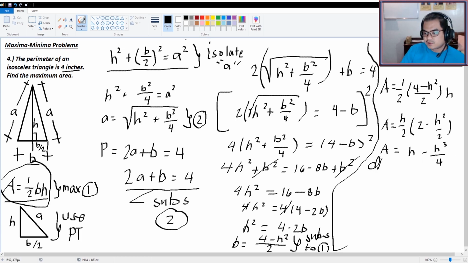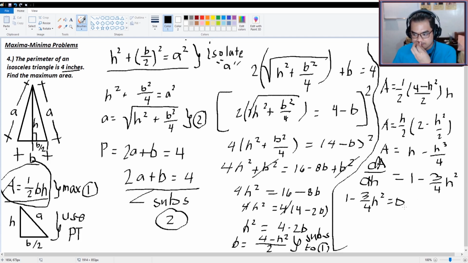So the derivative of A with respect to h is 1 minus 3/4 h squared. And again, this must be equal to 0. So you'll have 1 minus 3/4 h squared equal to 0.